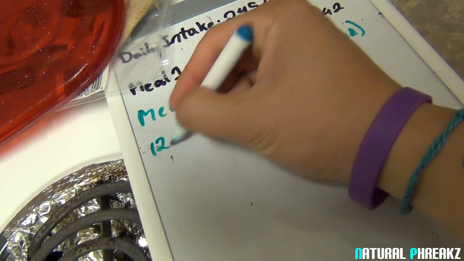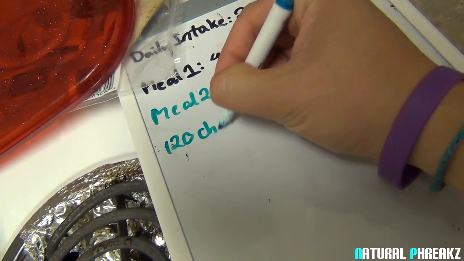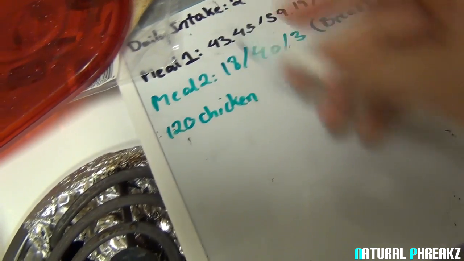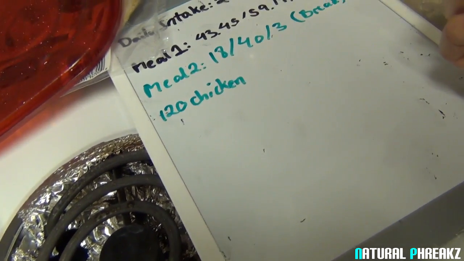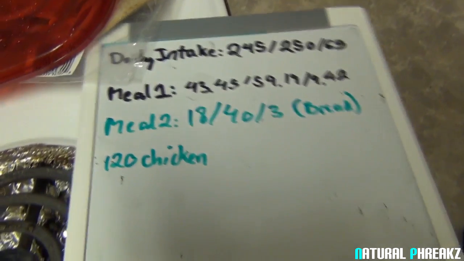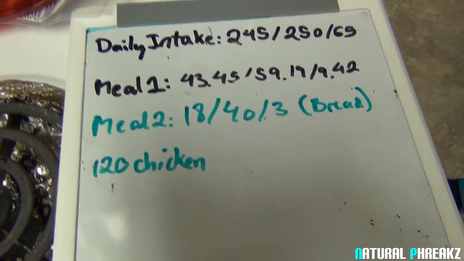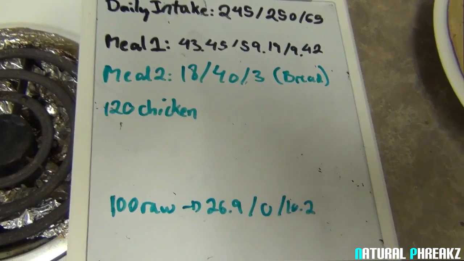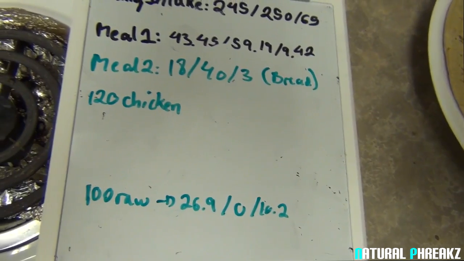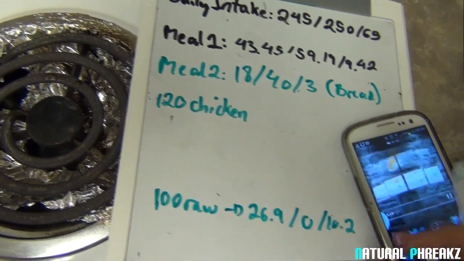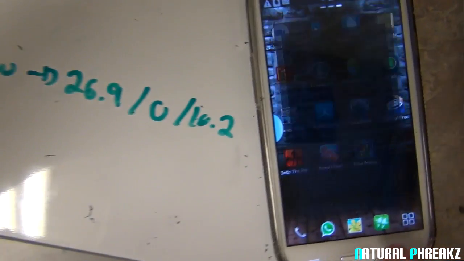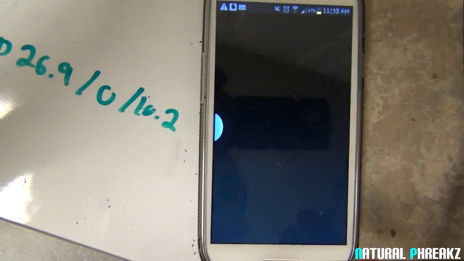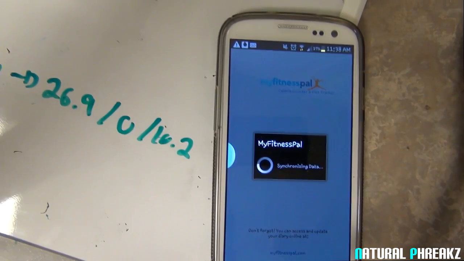I already know the macros of the chicken, but for this video, I'm gonna show you how to calculate for the chicken. Okay guys, so I went on my cell phone to MyFitnessPal and I search for chicken.